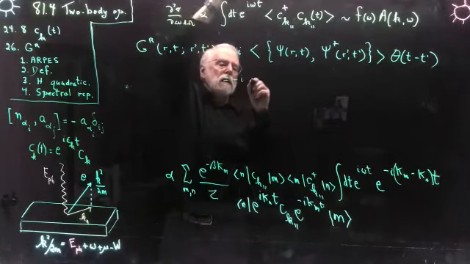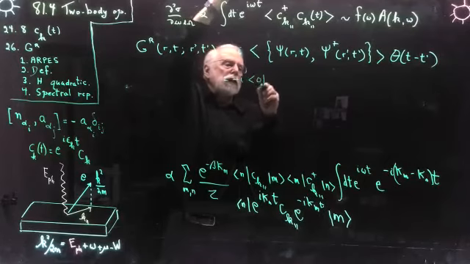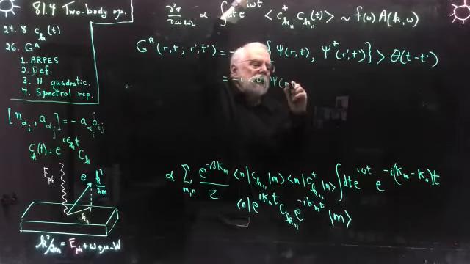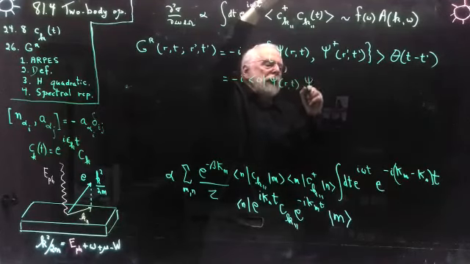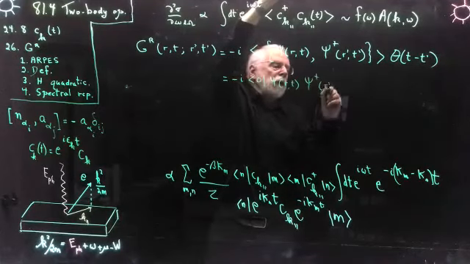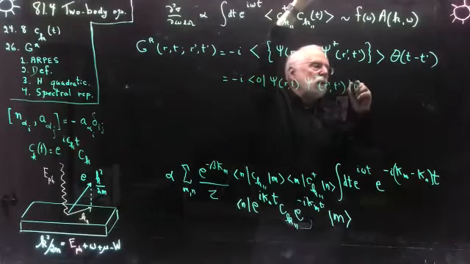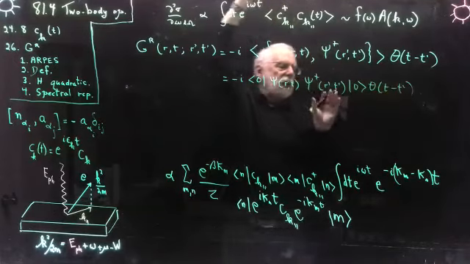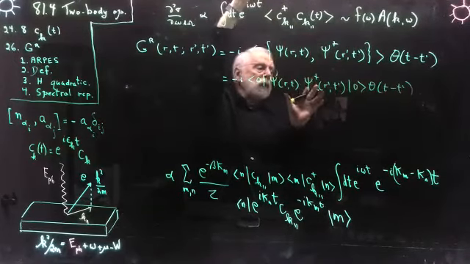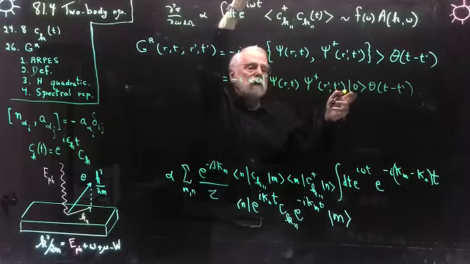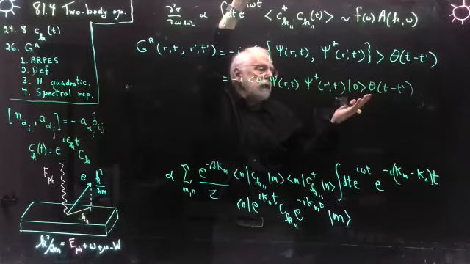So they are averaged in the ground state, and then we have psi of R T, psi dagger of R prime T prime acting on 0 times theta of T minus T prime. And the other order gives me 0, right? Because psi acting on 0 gives me 0. So that's all there is.